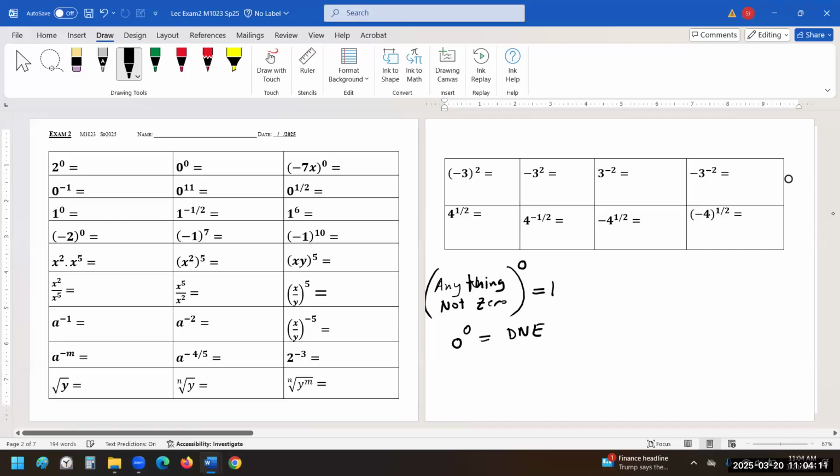So 0 has only these two rules. Anything not 0 on the base, with power 0, the answer is 1, because 0 to the 0 doesn't exist.